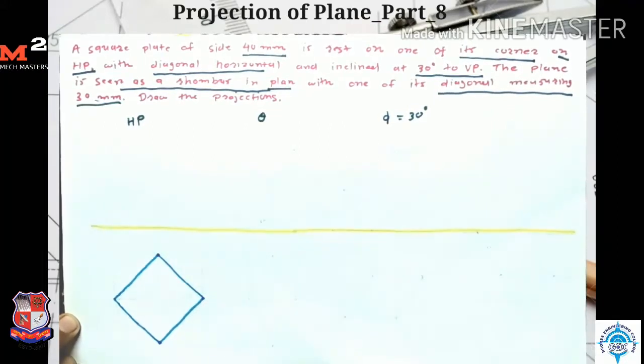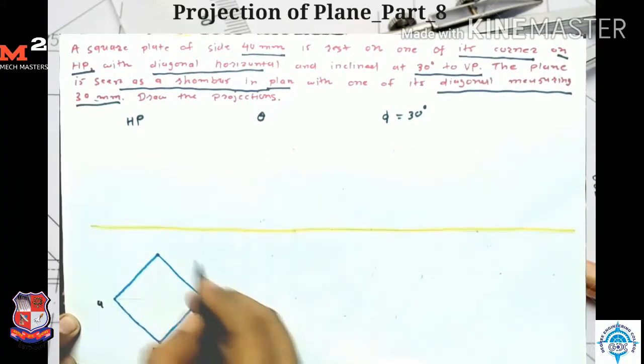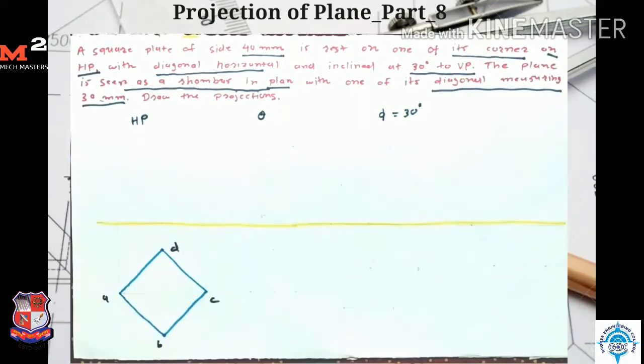Okay, I give the name A, B, C, D. So in this way I complete the top view for the first stage.